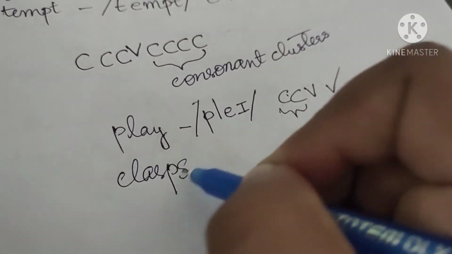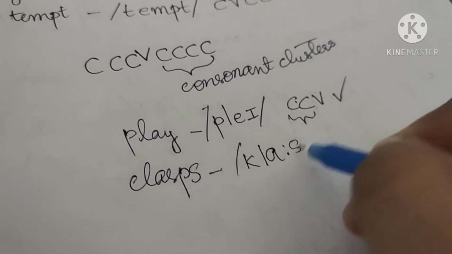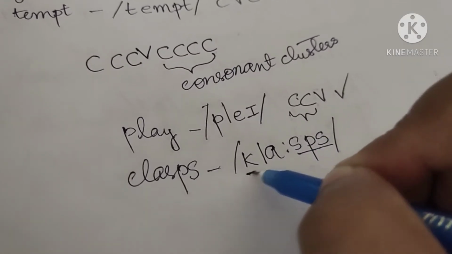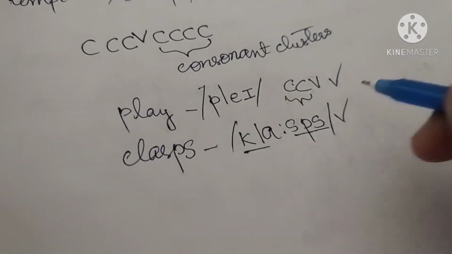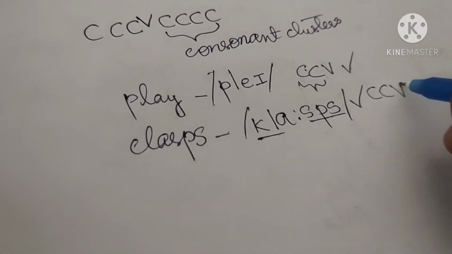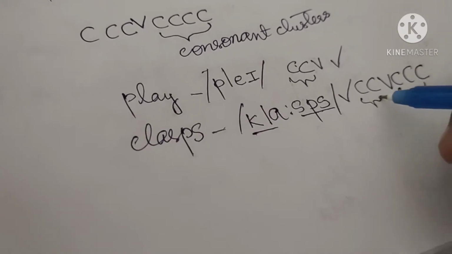Now the next one, clasps, /k l a s p s/. We have C, C, V, C, C, C. The initial cluster is a consonant cluster, and the final cluster is a consonant cluster.